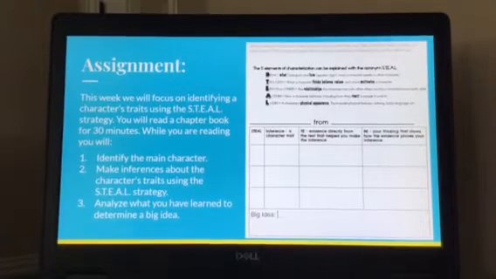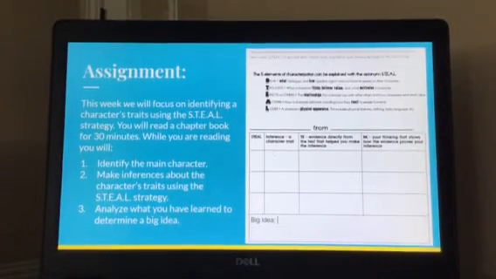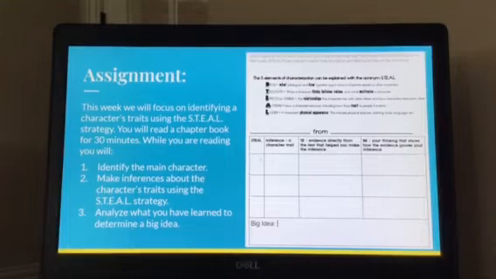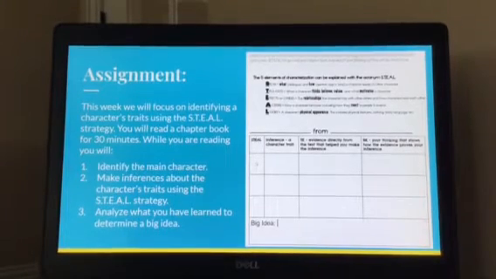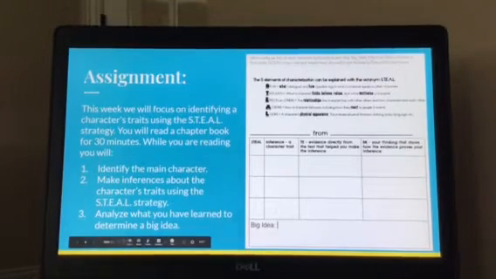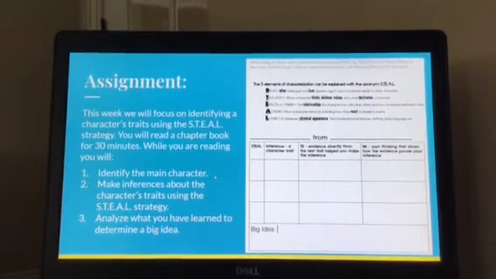Make inferences about the character right here, using the text evidence and your background knowledge, and you will decide whether it's the S, the T, the E, the A, or the L. You will then put that all together to determine a big idea from your chapter.